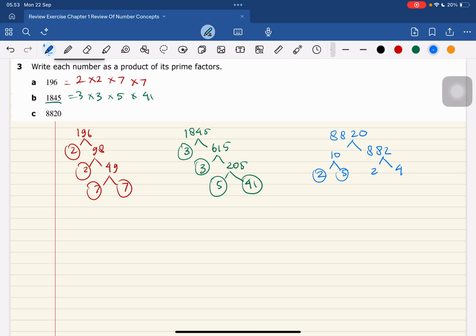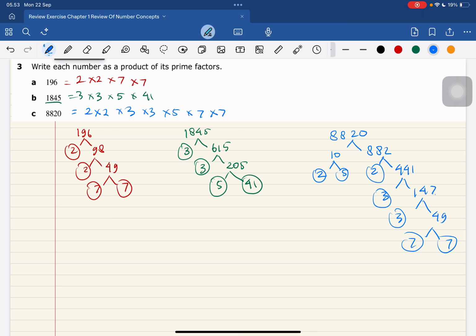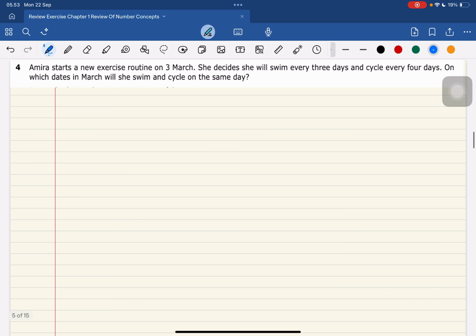It's going to be 441. And then we can divide it by 3. It's going to be 147. Then we can divide it by 3 again. It's going to be 49. And 49 is 7 and 7. So these are all prime factors. So let us write it: 2 times 2 times 3 times 3 times 5 times 7 times 7. So this is a product of prime factors.